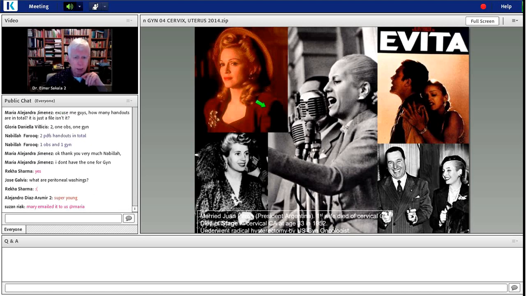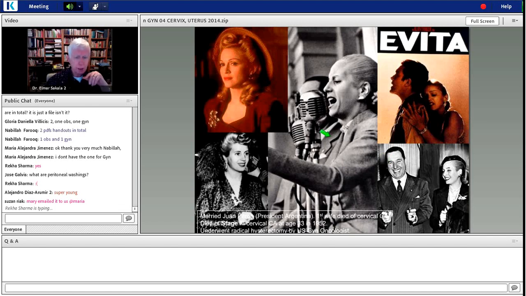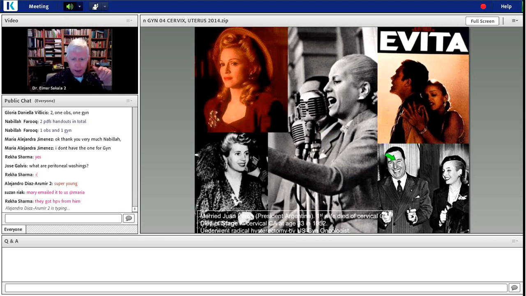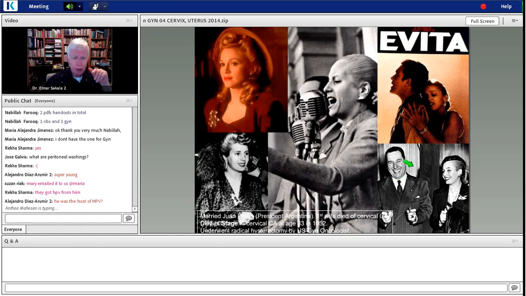What's also interesting is that his first wife also died of cervical cancer at about the same age. Very interesting. Suggesting that he had a very virulent HPV, which caused the death of these young women.